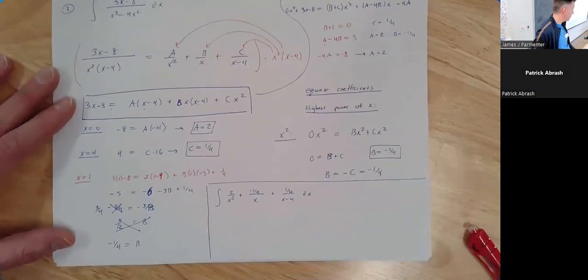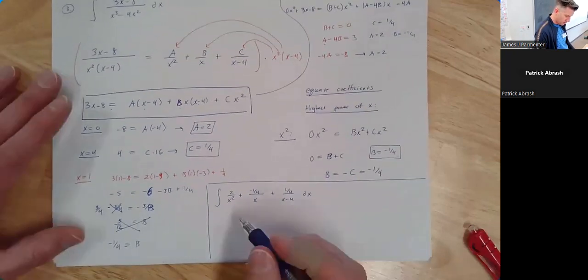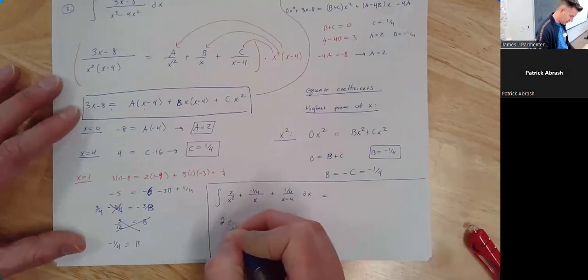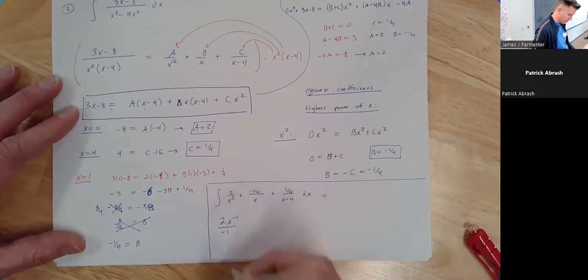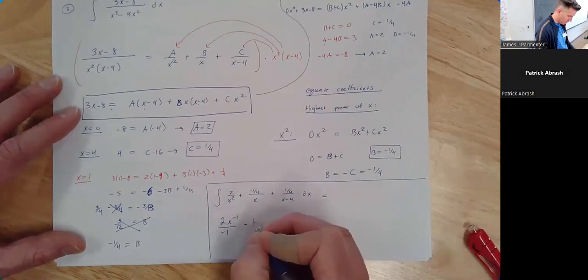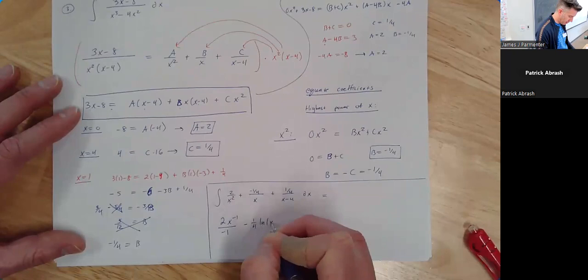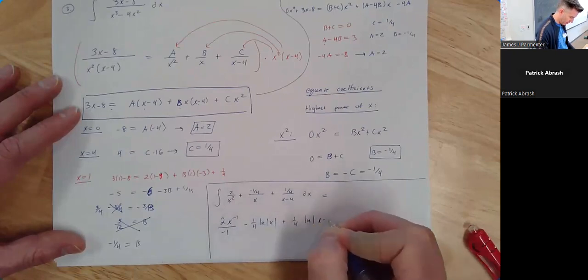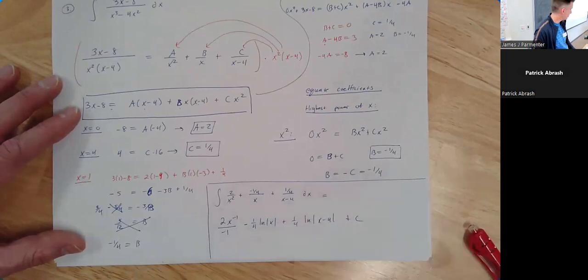Things that have higher powers, we have to just think about using the power rule. The antiderivative of x to the negative second is going to be x to the negative first divided by negative 1. And then we're going to get a minus 1/4 natural log of the absolute value of x plus 1/4 natural log of the absolute value of x minus 4 plus c.